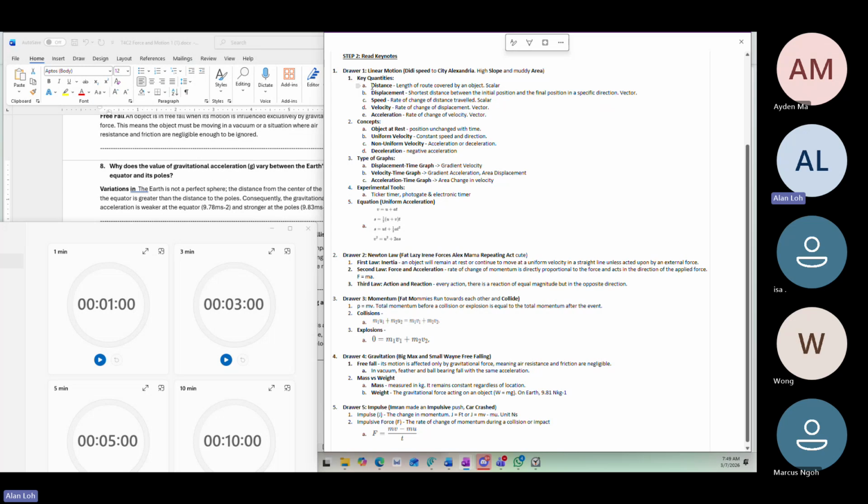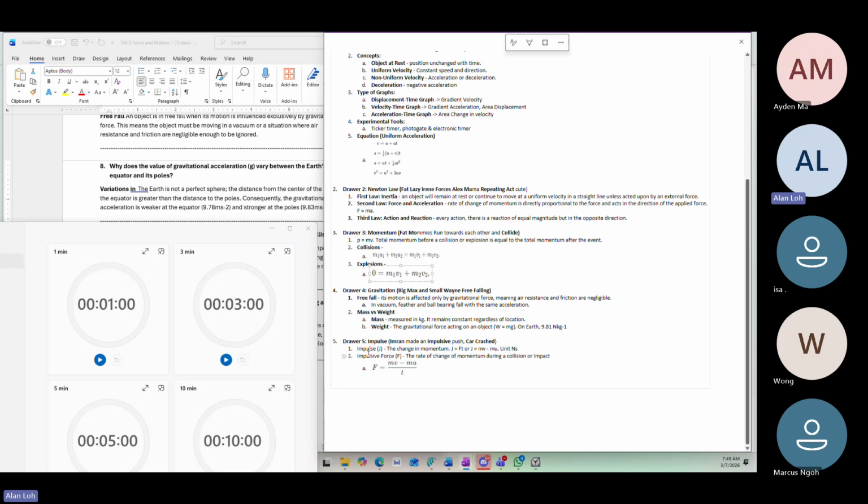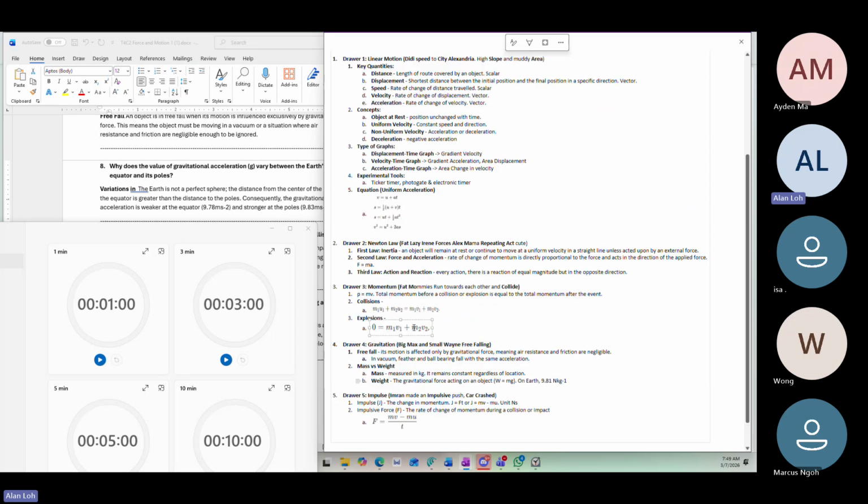You read these key quantities and you worried, how do I remember these 5 terms? Newton's laws, what is inertia? Never heard of it before. What is this formula for momentum? I have no idea what these equations are, and what are free fall and impulse and impulsive force? You had no idea what this was at 6:07.